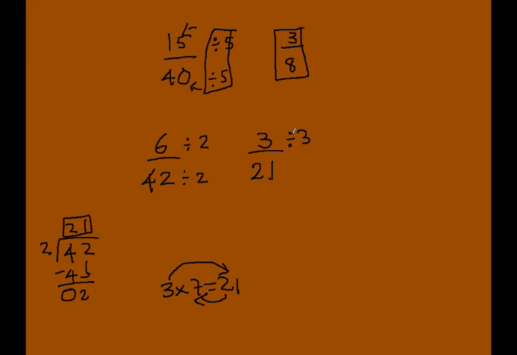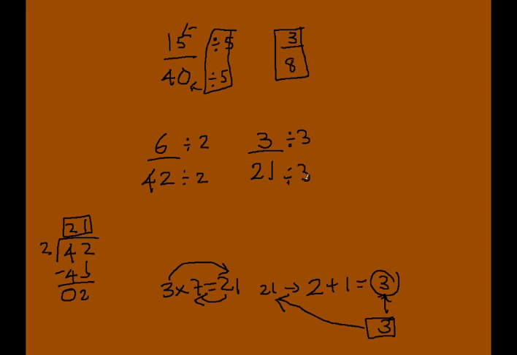Any number can go into itself. But for 21 here, the rule was to add the digits. So if you have 21 and you want to know if it's divisible by 3, you add the digits. So 2 plus 1 is 3. Now since the sum is divisible by 3, I guarantee you that the number itself is divisible by 3.